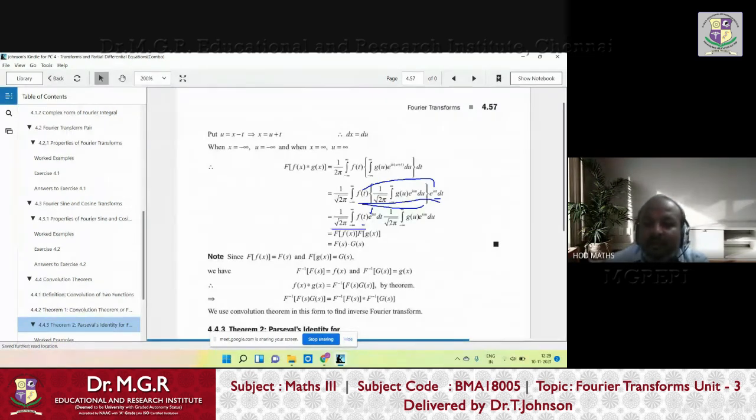So now we have a pure function of t on one side and a pure function of u on the other side. Fortunately, both represent the Fourier transform definition of f multiplied with the Fourier transform definition of g. So they wrote the Fourier transform of f and Fourier transform of g. Don't confuse with this t and u, right? Whatever it may be, that is only a representation.